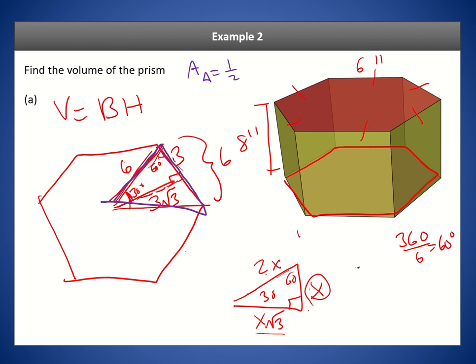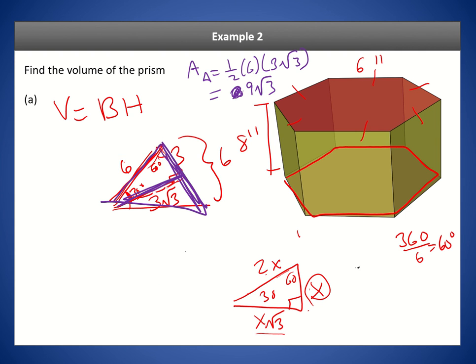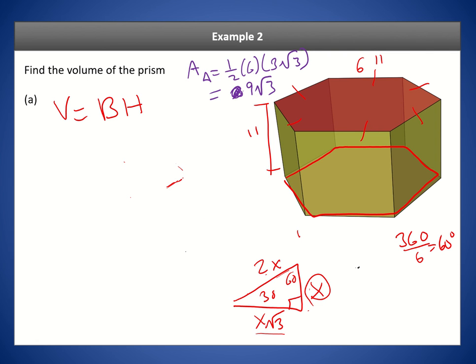So it's going to be 1/2, the base is 6, times the height, which is 3 square root of 3. So now that we know what the height is. All right, so we have that the area of the triangle is 1/2 of 6 is 3. 3 times 3 is 9. So this is going to be 9 square root of 3. Okay, so now we got the area of that one triangle. Let me go ahead and erase all this here.